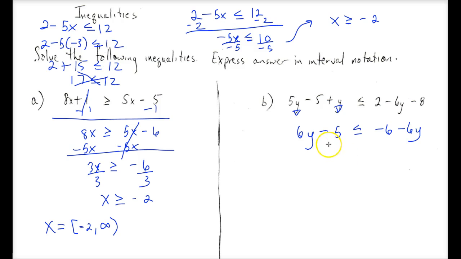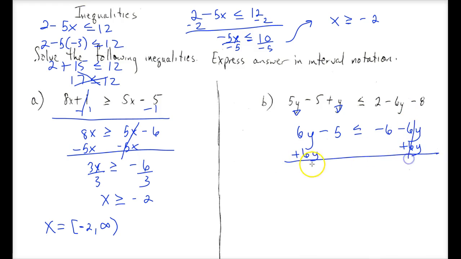At this point, we need to get all terms that have y's on one side, everything else on the other. Since I have this negative 6y here, I would like to get it over to the left side to make everything positive. So to do that, I'm going to add 6y to both sides.